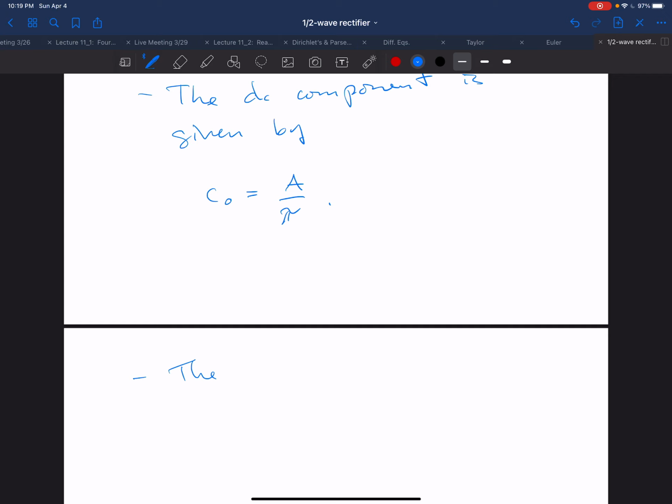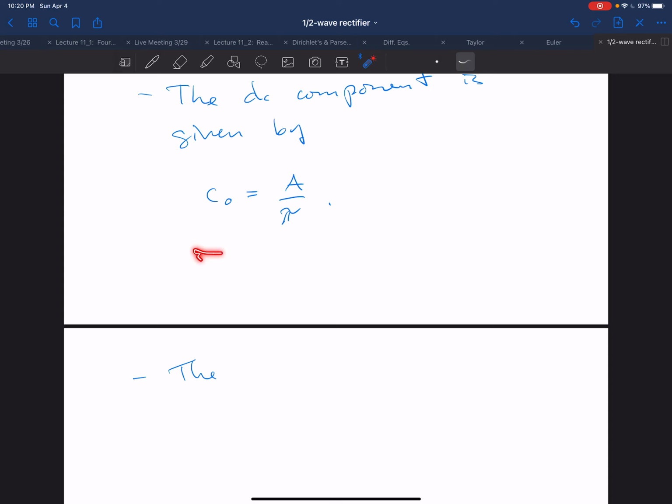And obviously we'd like to get rid of all of the sinusoidal components, ideally, if we're trying to build, say, a DC power supply. So the most troublesome of these sinusoidal components will be the lowest frequency one, because we'd like to keep the DC component but get rid of all the sinusoidal components.